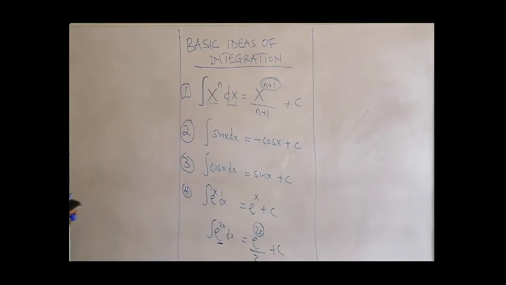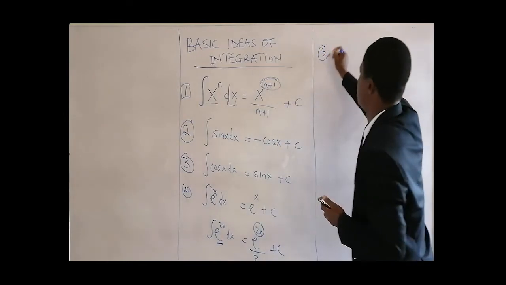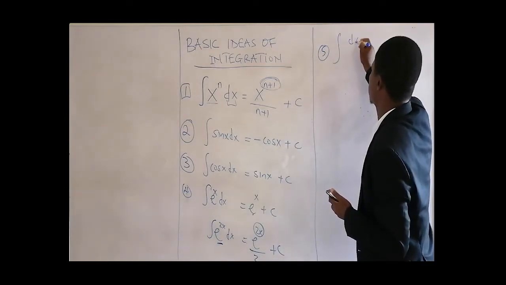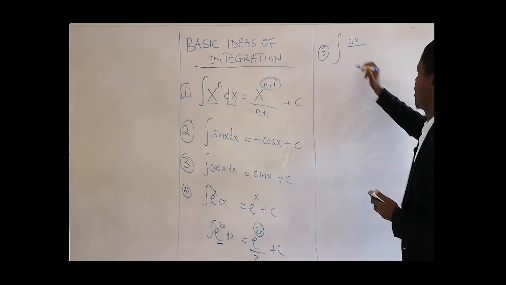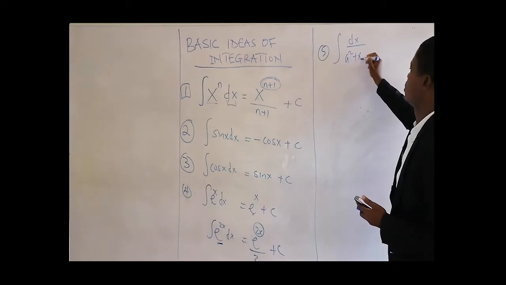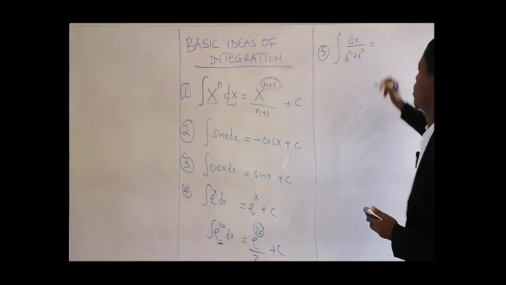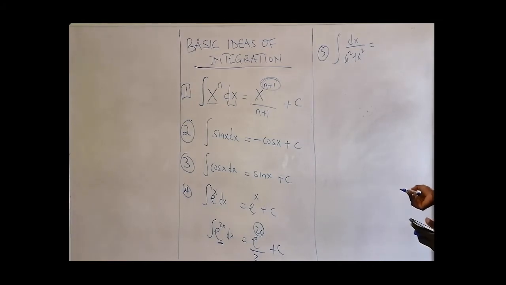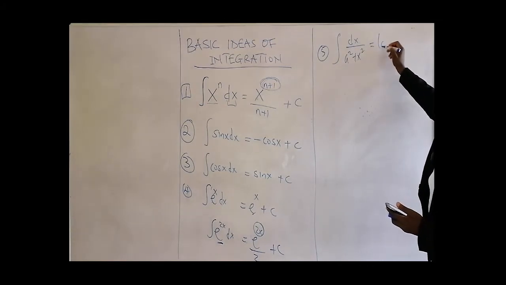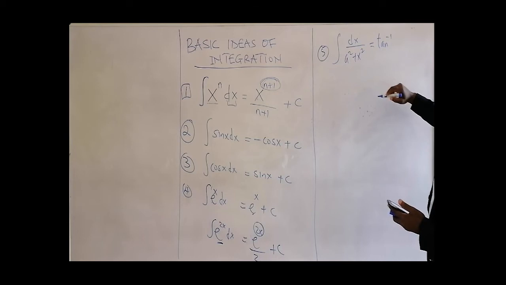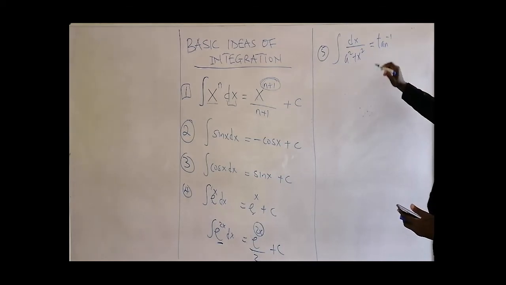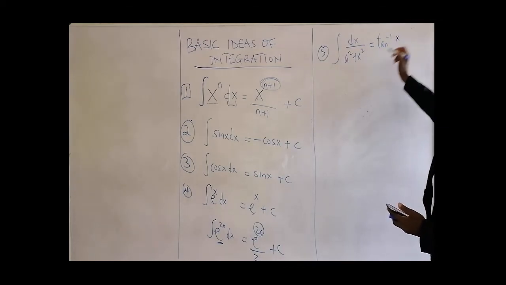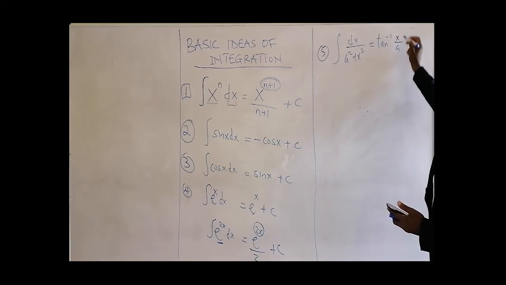Exactly. So that's that. Number 4 is the integral of dx over x squared plus a squared. If you have this, this will be arctan, then one over a, x over a.